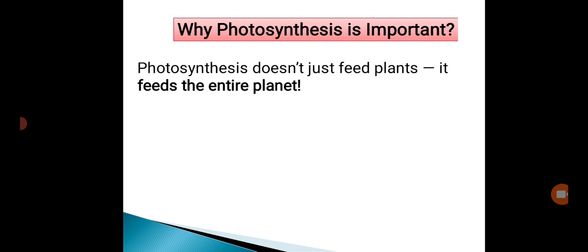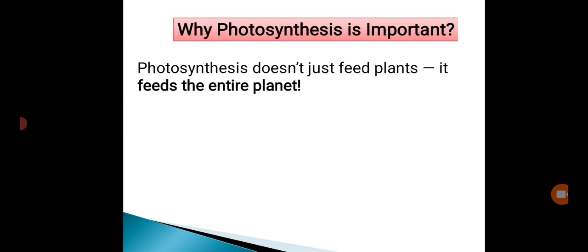Then carbon dioxide utilization. It helps remove carbon dioxide from the atmosphere, reducing greenhouse gases and maintaining climatic balance. Then energy flow. It converts solar energy into chemical energy which flows through all the living organisms in the ecosystem. And then it also supports life.